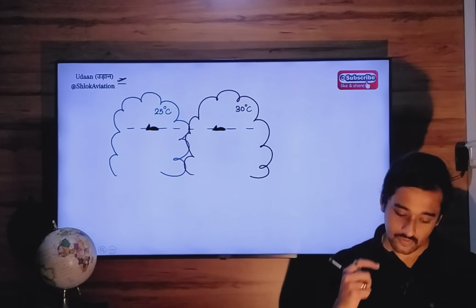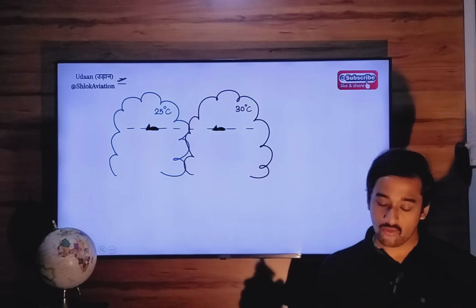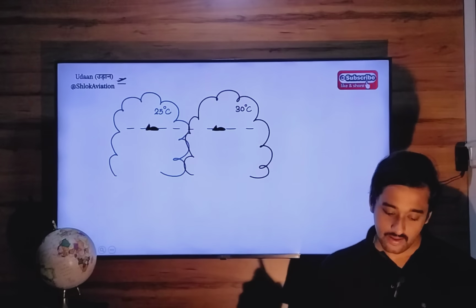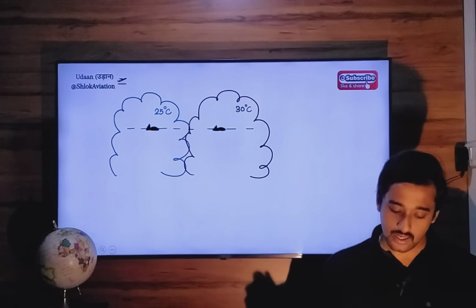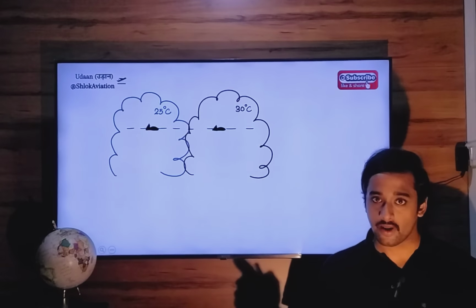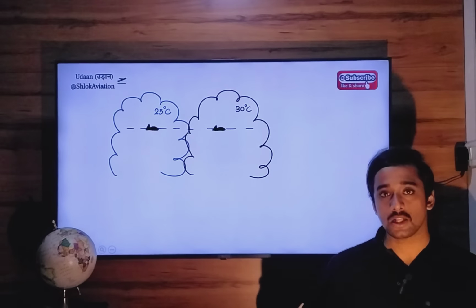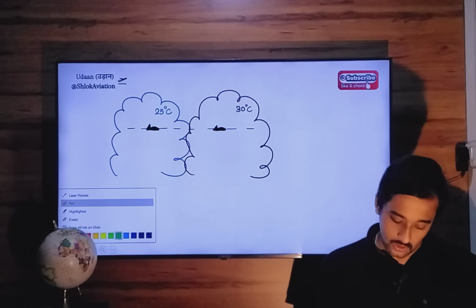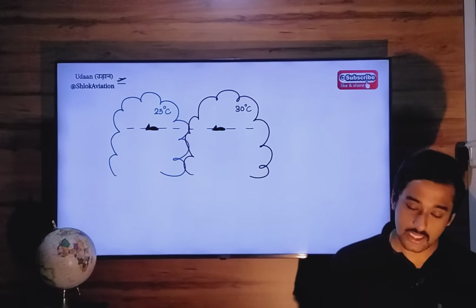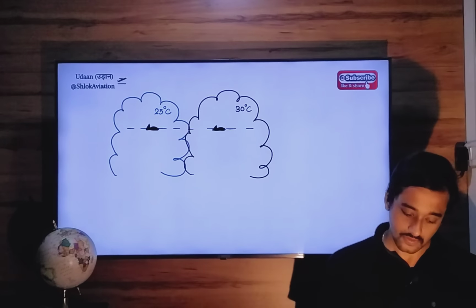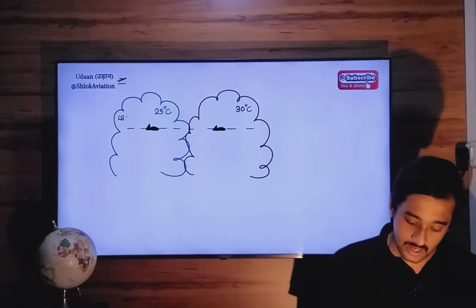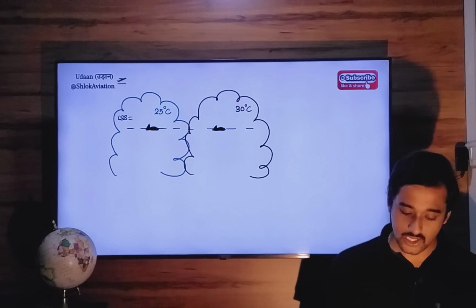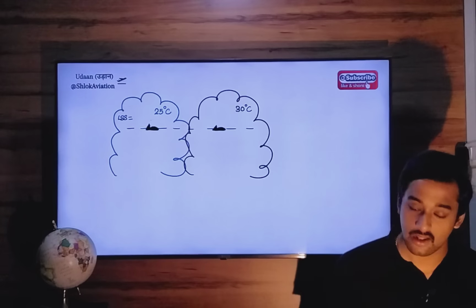Now, one is a colder air mass and one is a warmer air mass, correct? So in the colder air mass, the local speed of sound will be different than in the warm air mass. Let's say the temperature is 25 degrees Celsius. 25 plus 273 is 298 Kelvin.